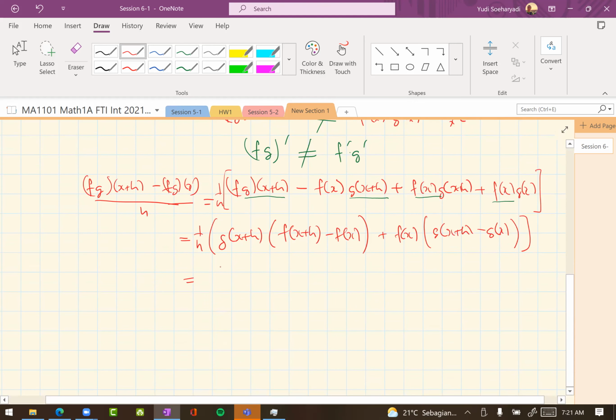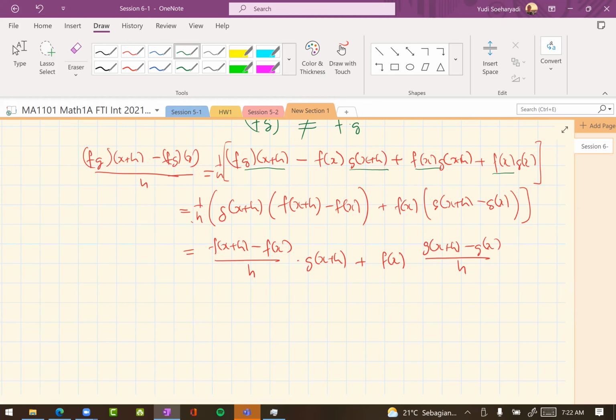And you see what you have here is a multiplication by g of x plus h, and then this one, but you have this over h. All right. Can you recognize something from here?